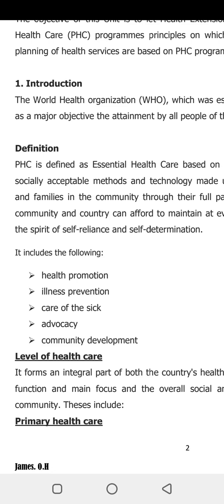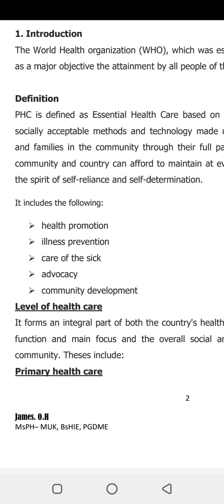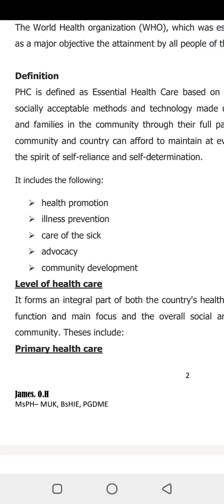One of the services have been listed as follows: bullet number 1, health promotion.